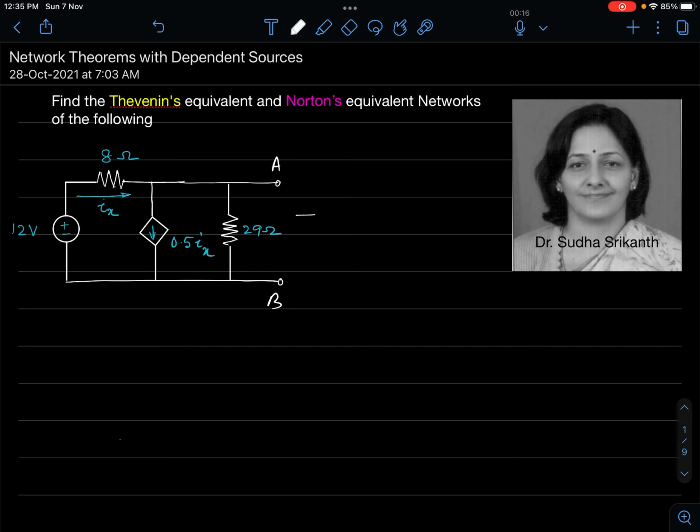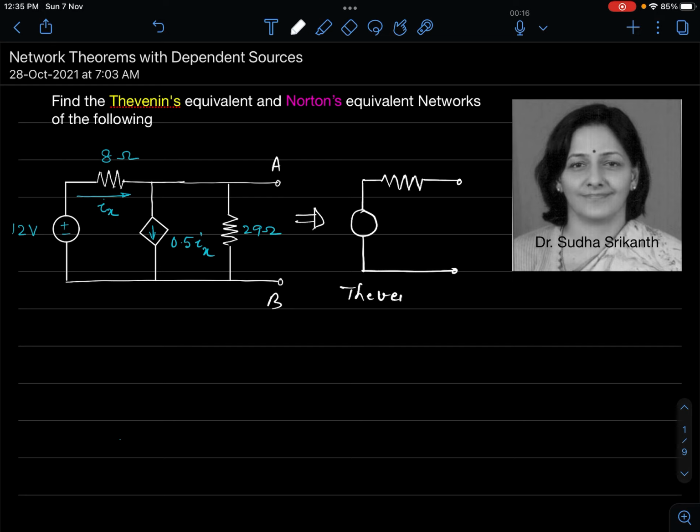So how does a Thevenin's equivalent appear? A Thevenin's equivalent network of this particular example would be like a voltage source. For that matter, for any network, this is how the structure is going to be. This is a voltage source equivalent.